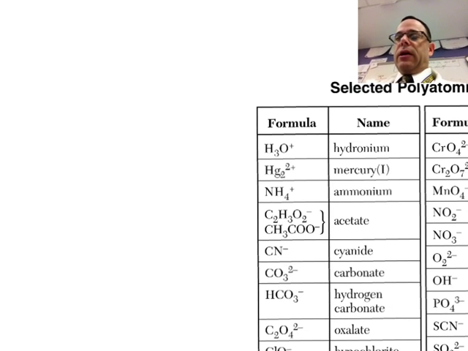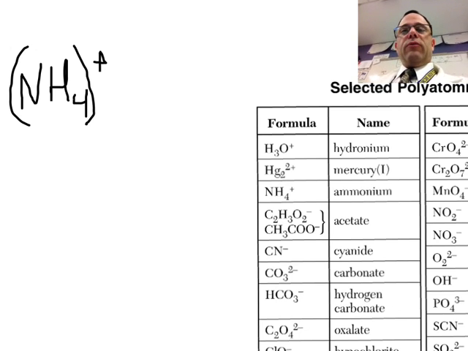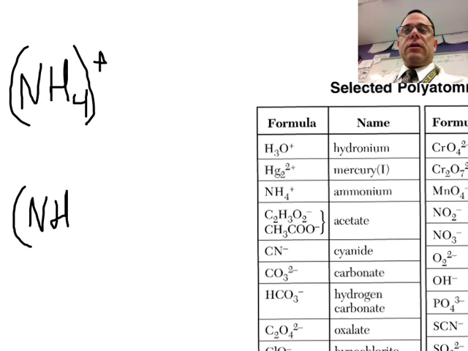Ammonium is right here, and that's NH4 positive. Again, I like to put the parentheses there so I remember that the positive charge is distributed between those 5 atoms. I'm going to write it twice so that we could create 2 scenarios.